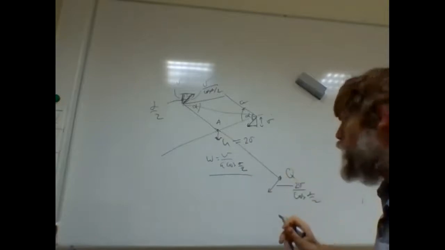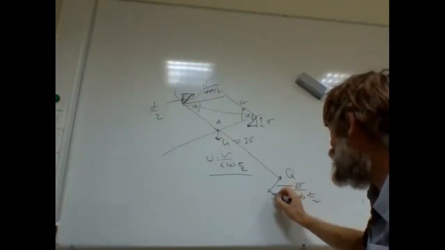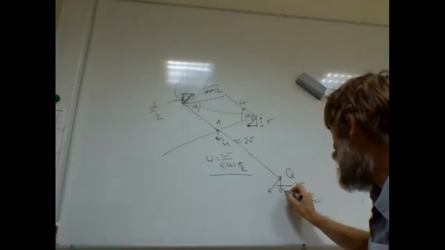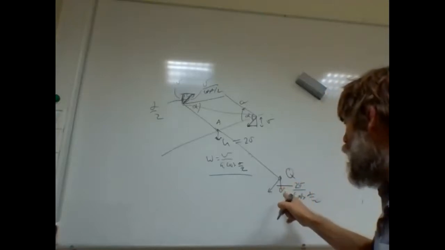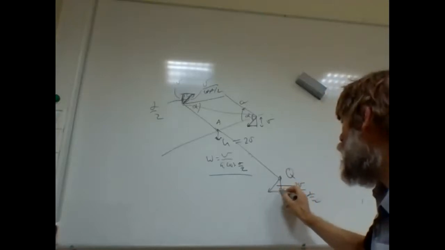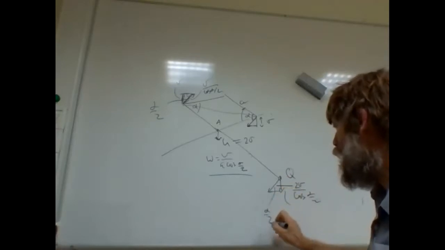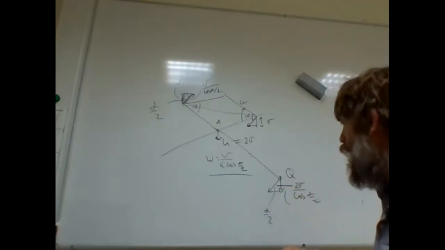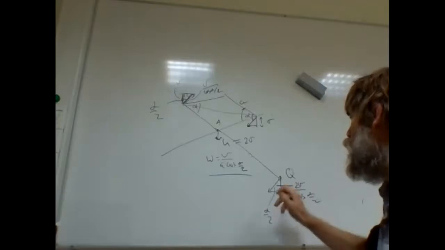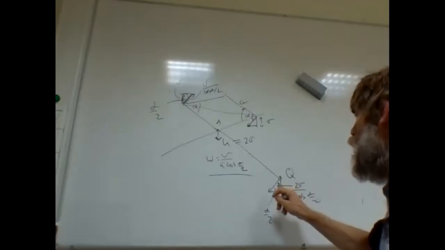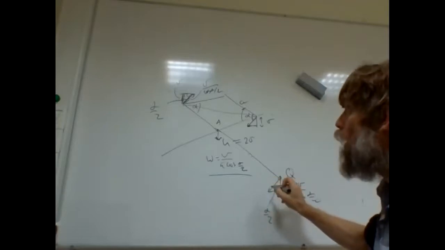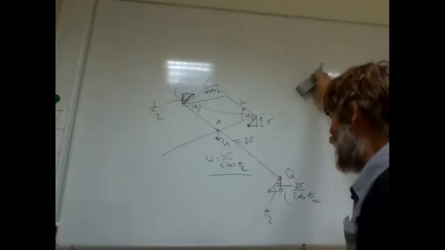Now we need a vertical component and a horizontal component of that. So for the vertical component, we have here again alpha over 2. This angle here is alpha over 2, I think. Which one is alpha over 2? This one here is alpha over 2.